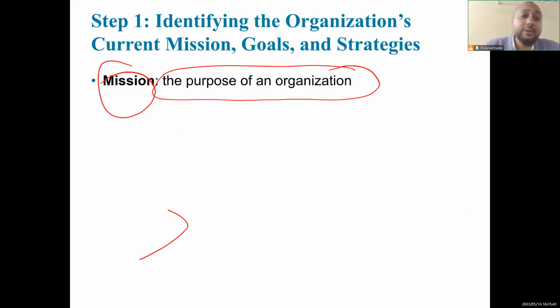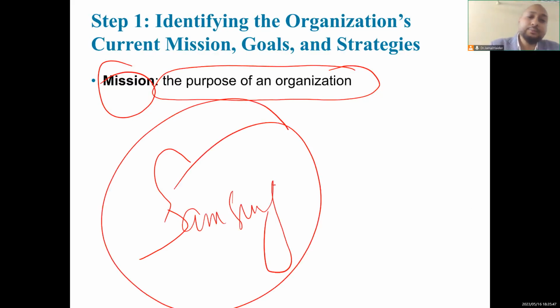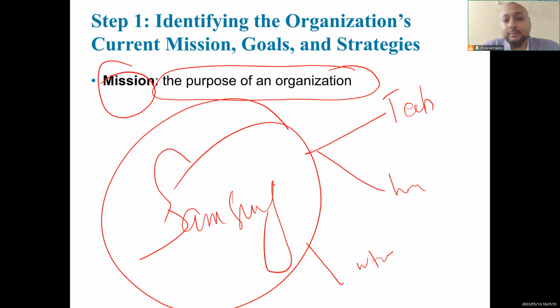For example, in the case of Samsung, whether it is working in technology, home appliances, internet services, devices, gadgets, mobiles, laptops, tablets, it's going to be very hard for Samsung to develop one comprehensive mission statement.